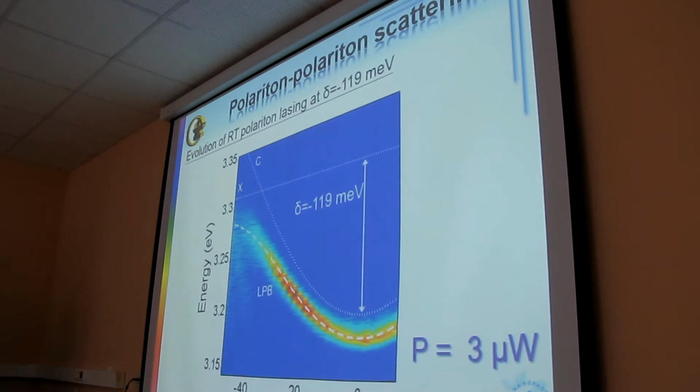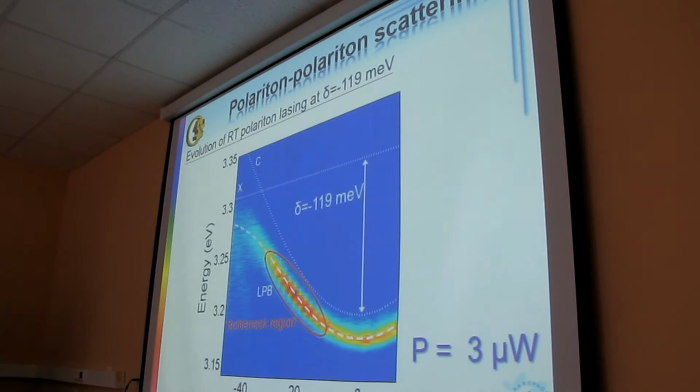To get a further view of our devices, at room temperature under low pumping conditions, most of the polaritons will accumulate at the higher k state, which we call the bottleneck.